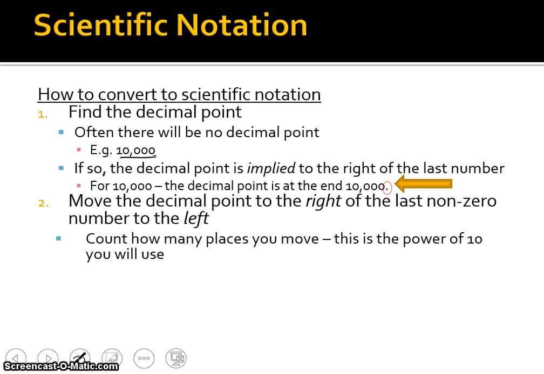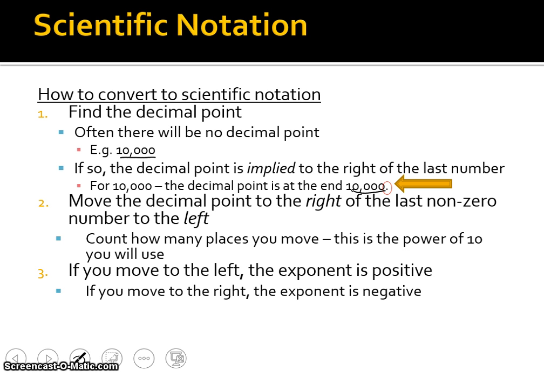What we're going to do, and this sounds way more complicated than it is, is sort of, quote unquote, move the decimal point until it's to the right of the last non-zero number to the left. What does that mean? Well, in this case, we're going to move it over to here. We'll go through examples to show this. But when you move it, you want to count how many places you've moved, okay?